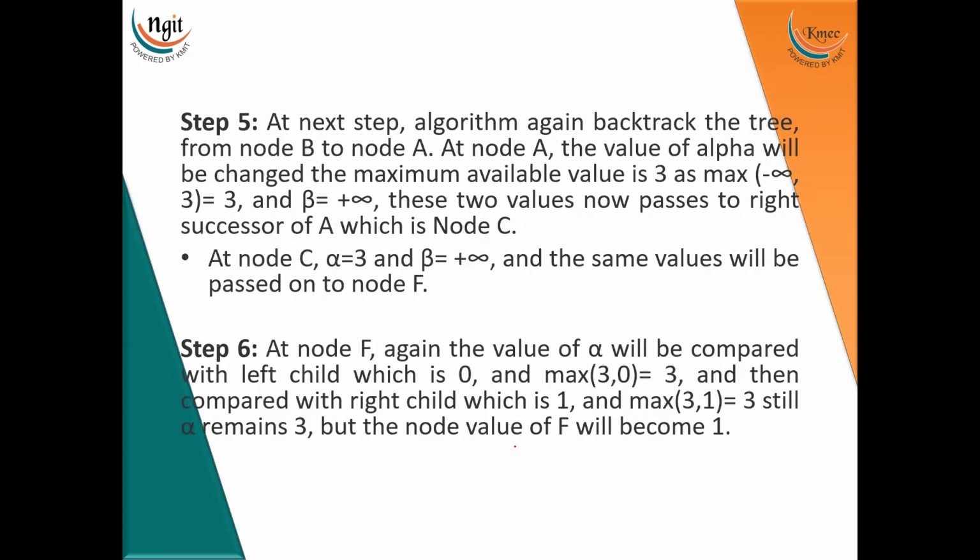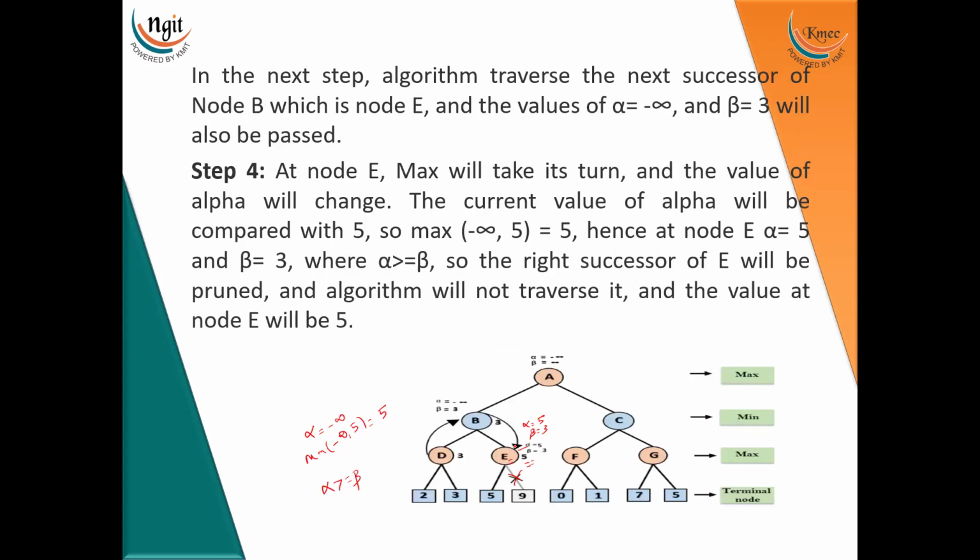Now let us see step 5. Now in step 5, the algorithm again backtracks from node B to node A. Now at node A, as it is min turn, we know that out of 3 and 5, the minimum value will be 3. So the node value of B will become 3.